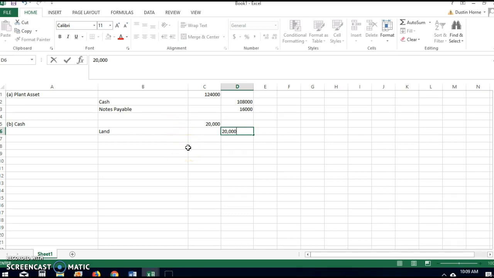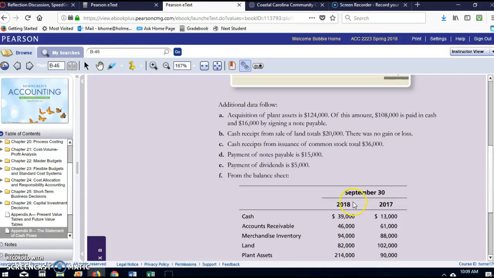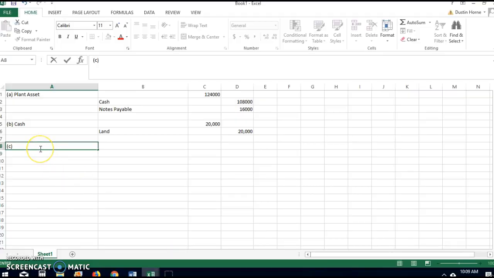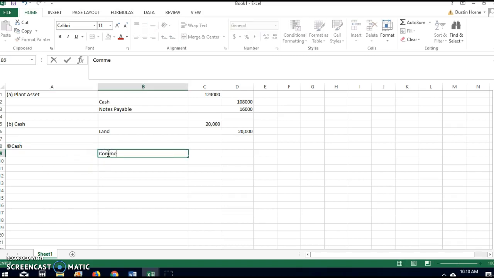All right, then the next one, C, cash receipts from the issuance of common stock total 36,000. So I'm going to debit cash and I'm going to credit common stock for 36,000.